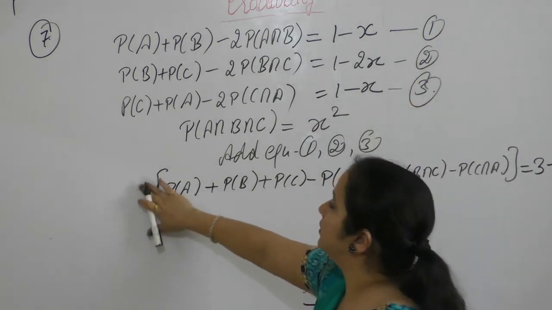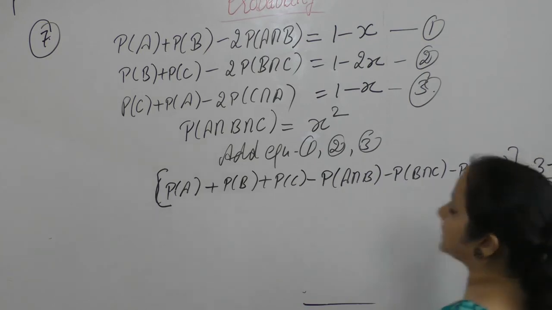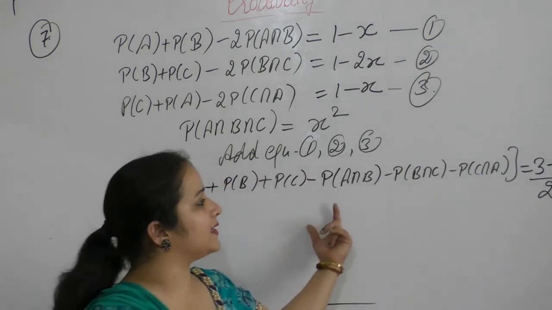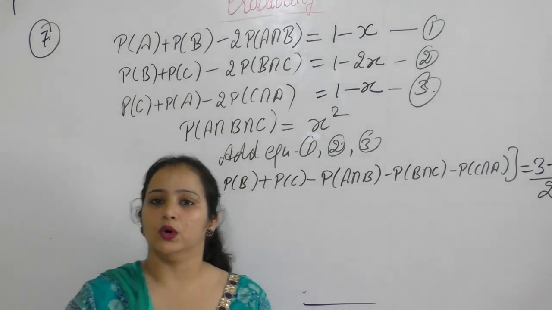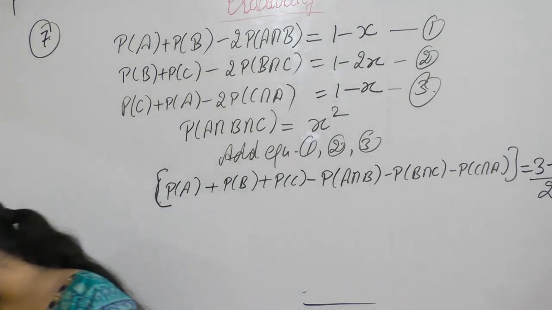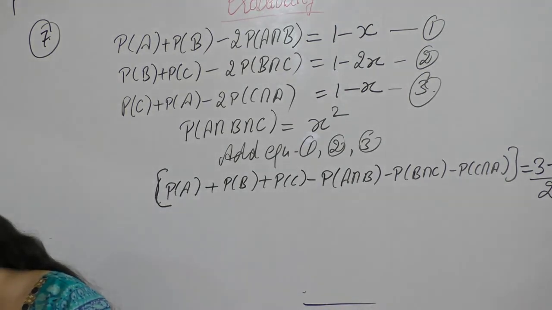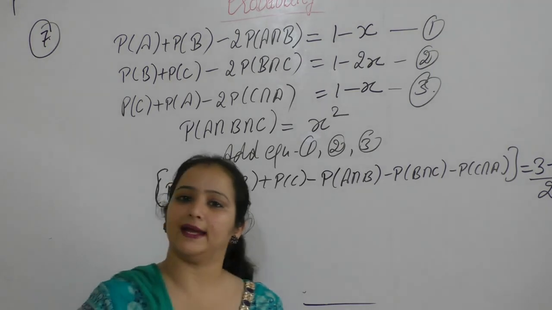These two come on this side, the right hand side, so it becomes 3 minus 4x by 2. Now what is he saying? What is the probability of at least one out of A, B and C?